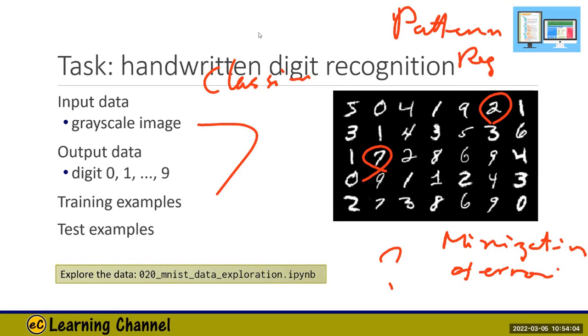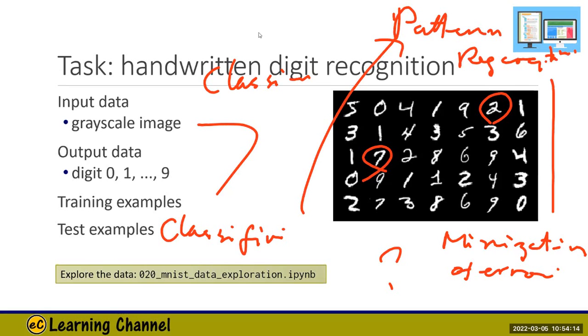So classification is also pattern recognition, based on the minimization of error. We try to find a pattern that has minimal error.